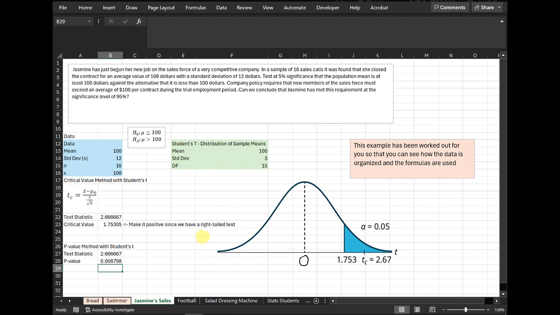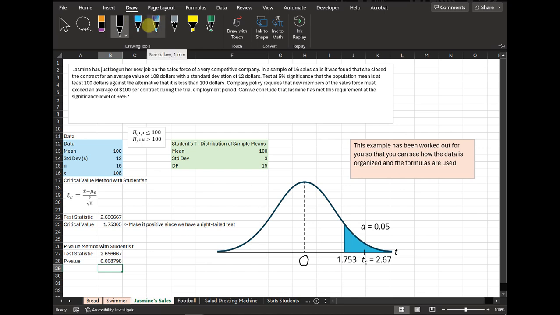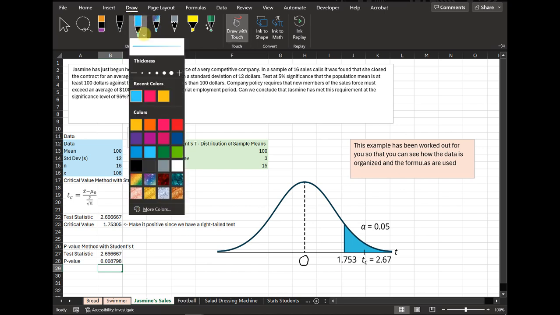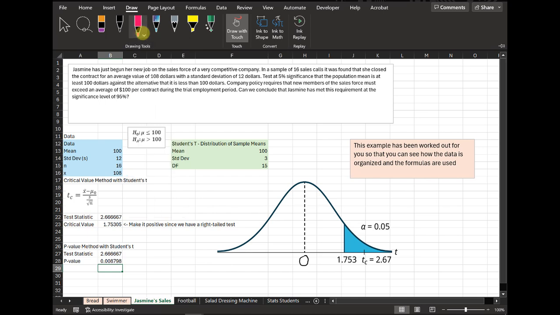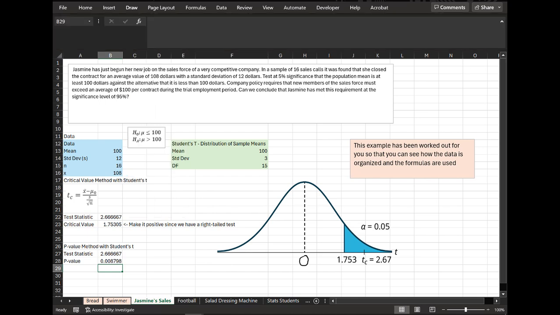And so just to make clear what this is referring to, let's use this color. What I'm referring to is the area from here over. So this whole blue area has an area of 0.05.